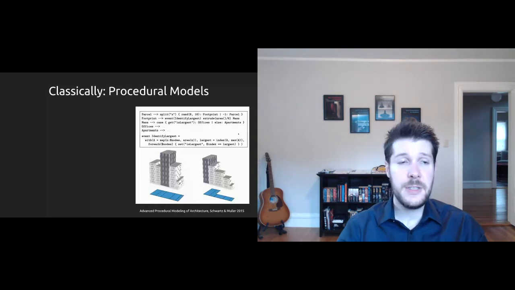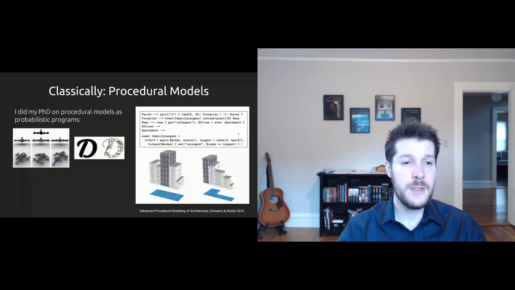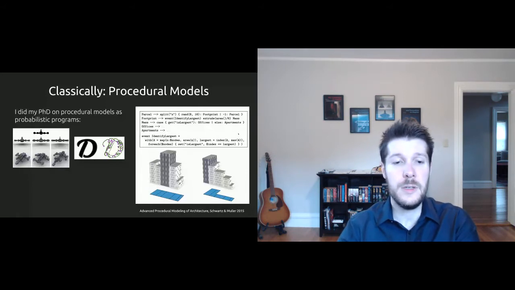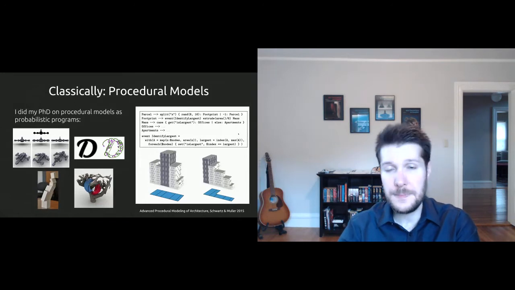And I actually did my PhD on procedural models as probabilistic programs, doing things like trying to use inference to find executions through these shape-generating programs which would match certain 2D silhouettes, or would avoid certain regions of space, or would be physically stable, even if the structures seemed initially visually precarious.